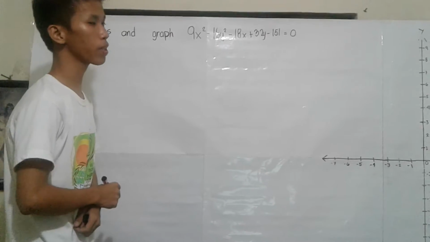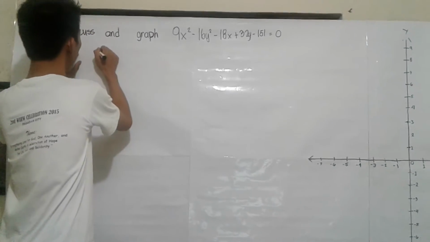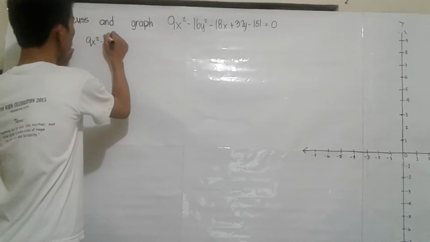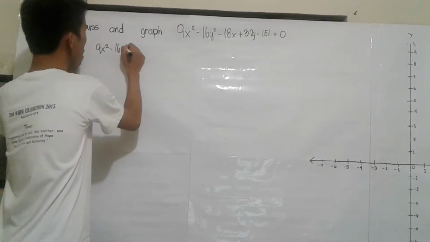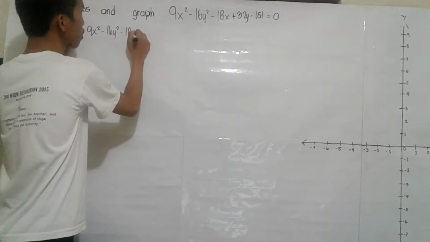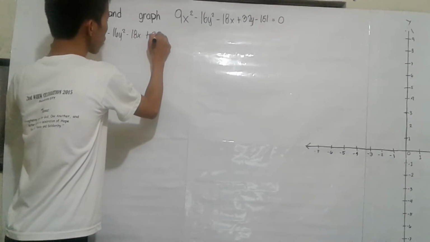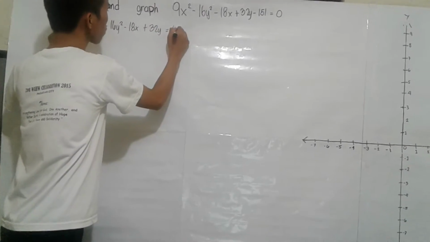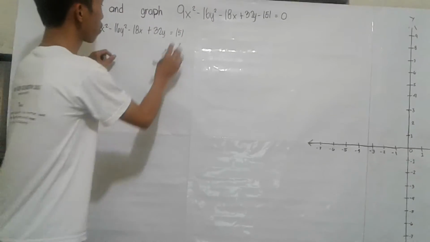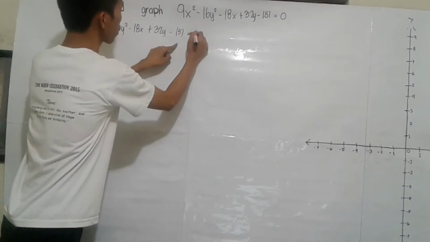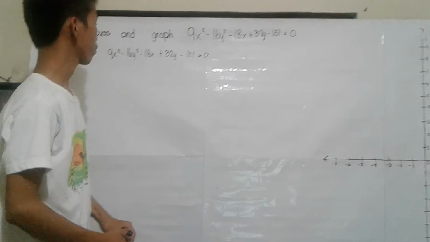First, copy the equation: 9x squared minus 16y squared minus 18x plus 32y minus 151 is equal to 0.